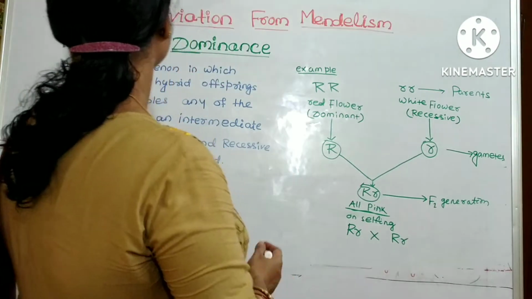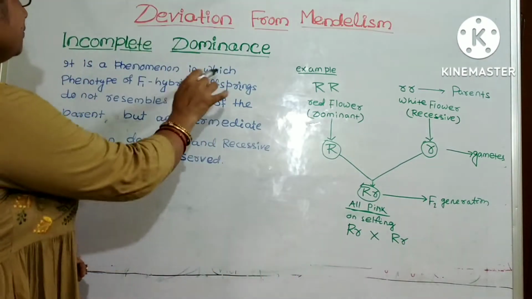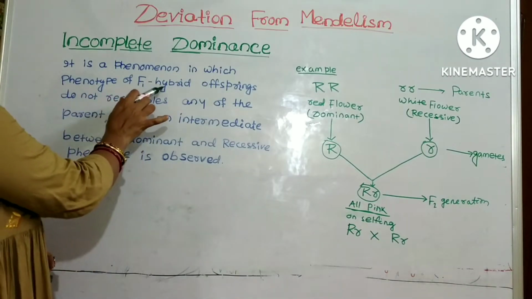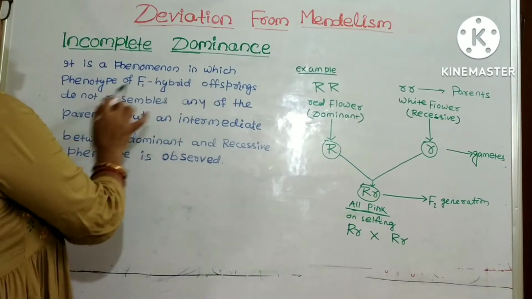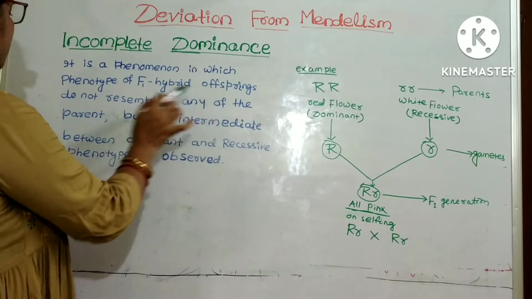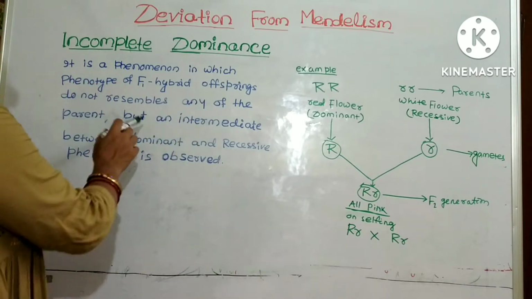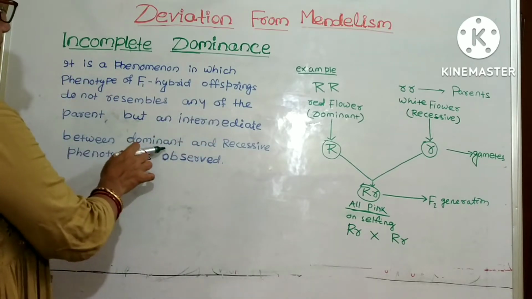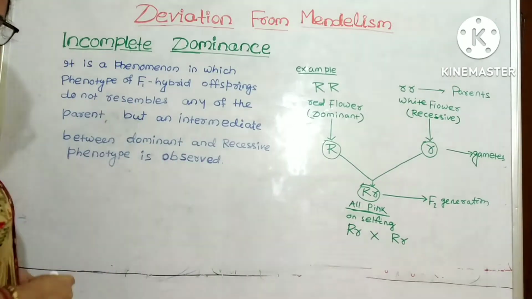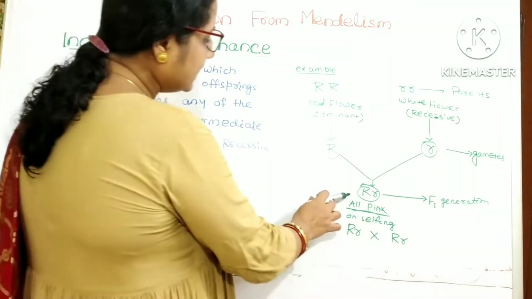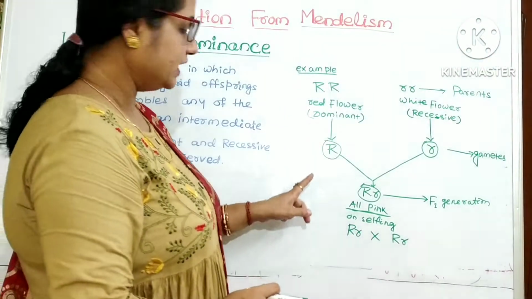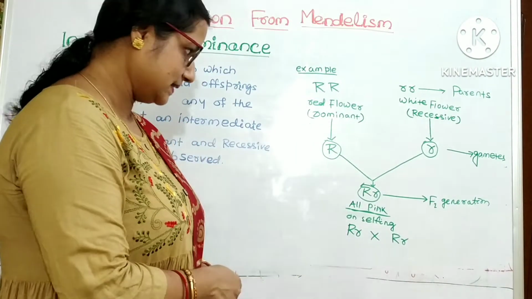So, it is a phenomenon in which the phenotype of F1 hybrid offspring does not resemble either parent, but an intermediate between dominant and recessive phenotype is observed. So, it is an example of incomplete dominance.